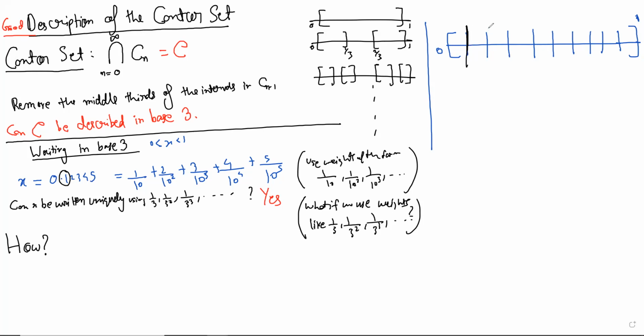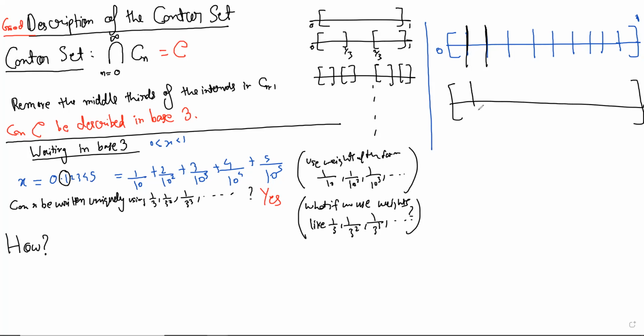Any number in this box has its first decimal equal to 1. And now you just repeat the process. You magnify this, and we can use the same diagram.